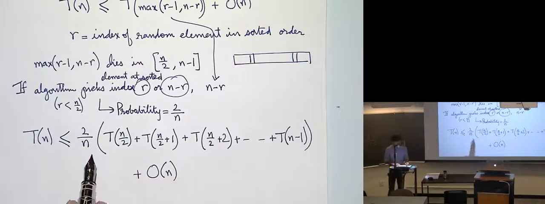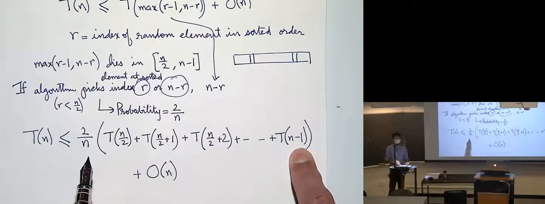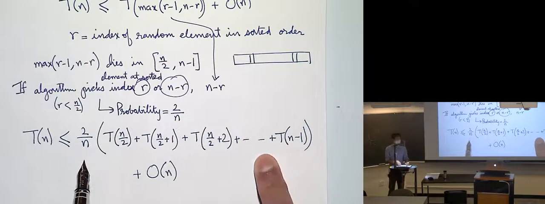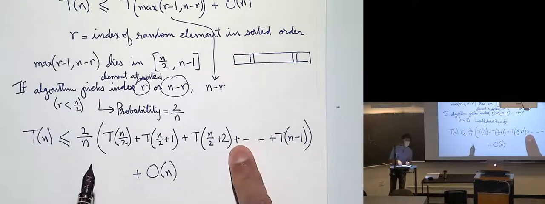What I was saying is that with probability 2 over n, you get a running time of T of n minus 1. With probability 2 over n, you get T of n minus 2. With probability 2 over n, you get n minus 3, so on and so forth.